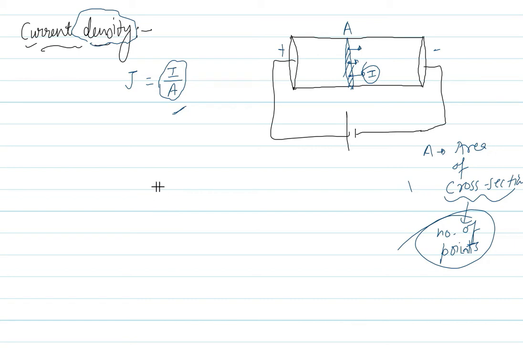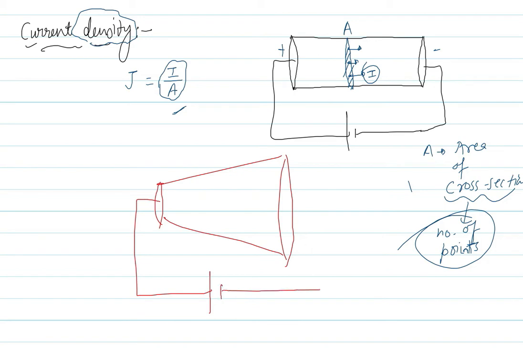Let me add a few things more in this picture. Suppose we are having a conductor which is variable in area, right? Suppose we are connecting a battery so that current may flow through it, right?